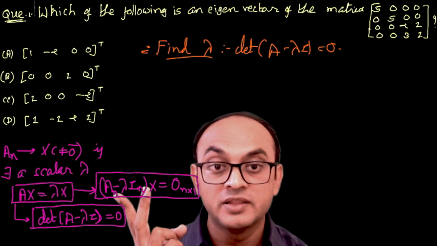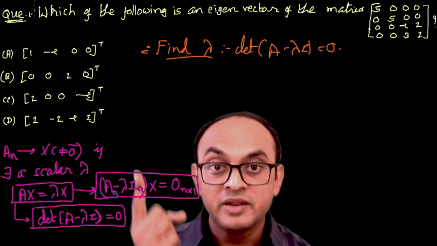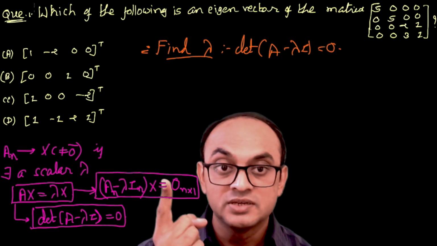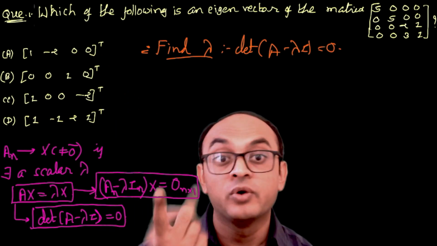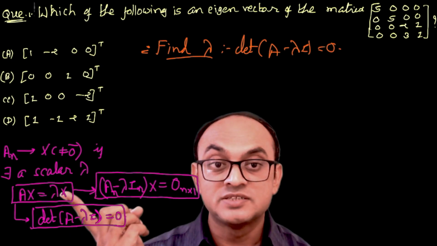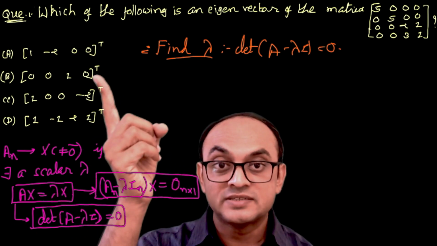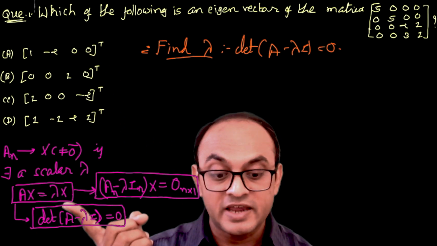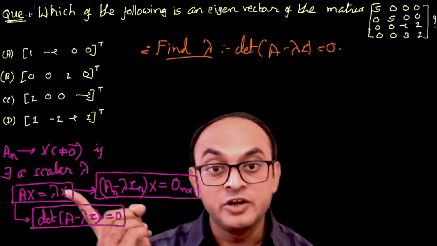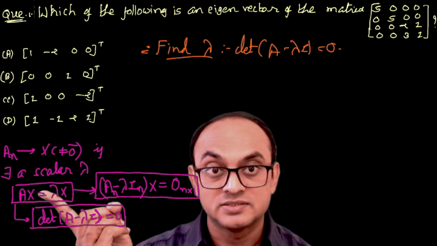If I had lambda, I could compute (A minus lambda I) multiplied by x, for each of the four vectors, and check for 0. But I have no information about lambda. So I start with the equation Ax = lambda x. Ax I can evaluate, since A is given. Choose each x and check whether the result is equal to some constant times x or not.